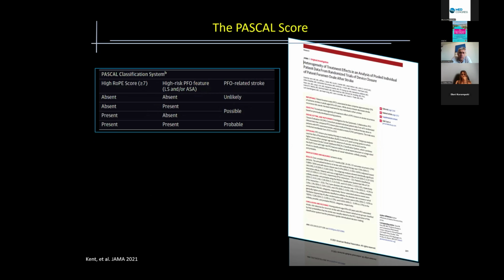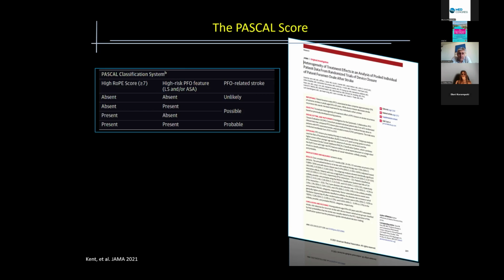On the other hand, if you go to the first row, you see if your patient has a low RoPE score, that is, several comorbidities, this patient is diabetic and hypertensive and so on, and if the PFO doesn't look ugly, there's no large shunt and no septal aneurysm, then it's rather unlikely that this is a PFO-related stroke. And you see the lines in the middle. If you have combinations of those, then it might be possible, but you're not really sure.